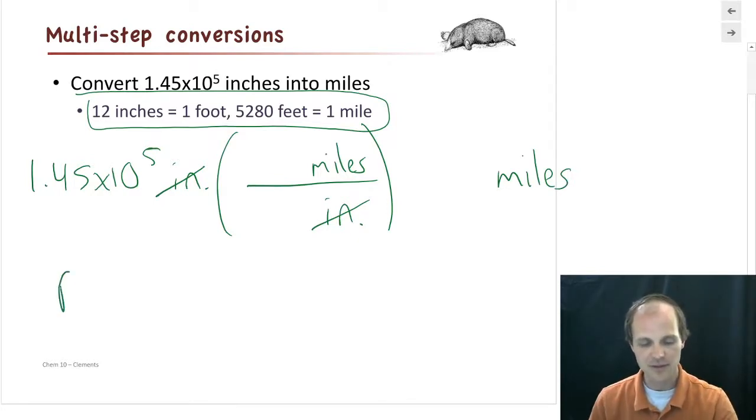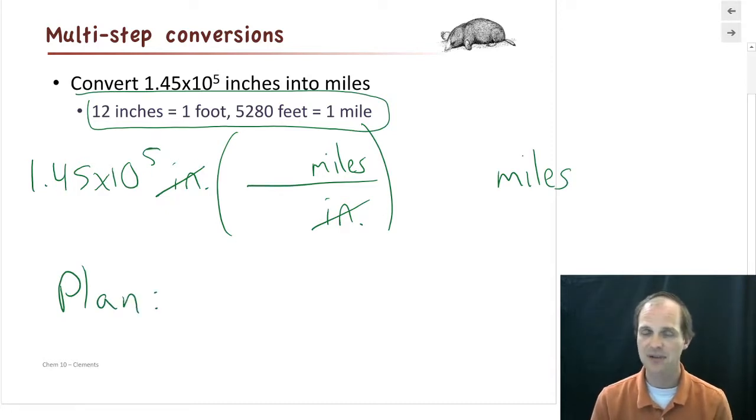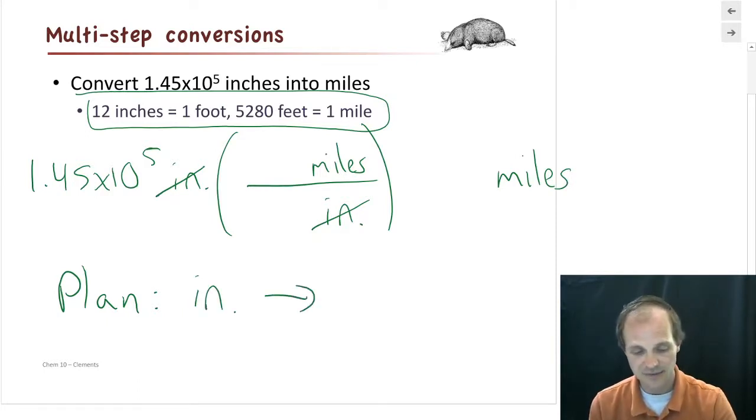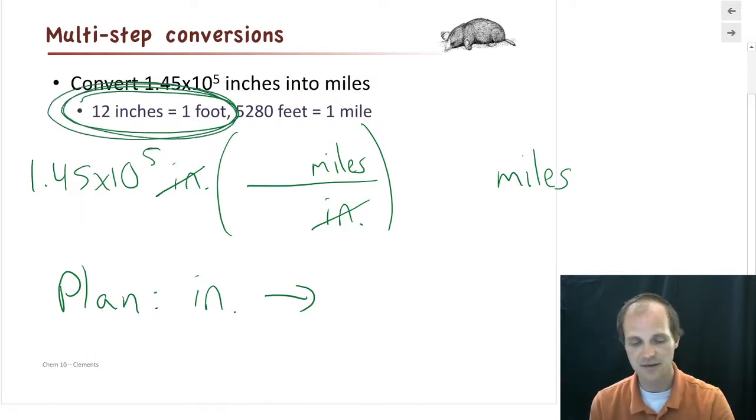And whenever you've got a multi-step conversion, what you also want to have is a plan. And a plan just says, I'm going to go from this unit to this unit to this unit, and then you're going to implement that plan as an actual conversion. So here I'm starting with inches, and I want to know, what am I going to convert inches into? Well, the given information up here tells me that the only thing that I know how to convert inches into is a foot.